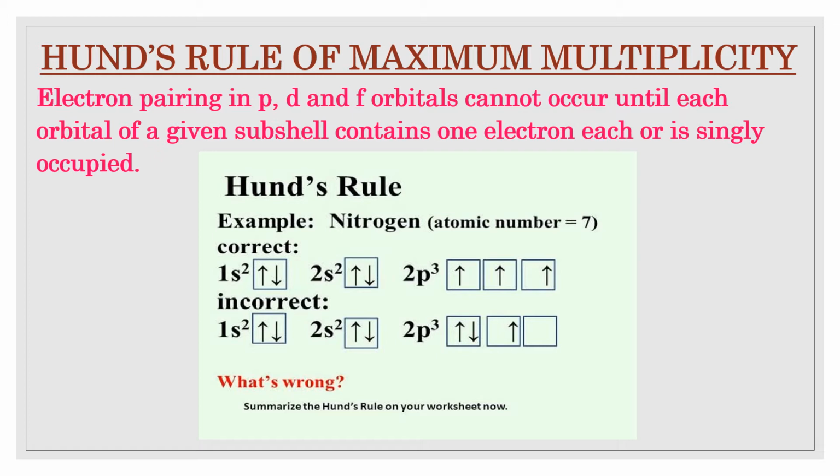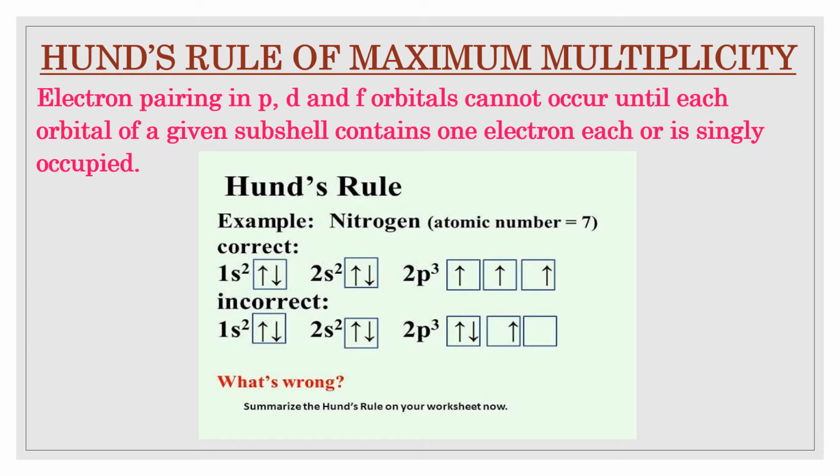Let us consider, for example, the element nitrogen, which contains 7 electrons. Its configuration can be written as follows. In the 1s orbital it has 2 electrons. You can see over here one arrow is upward and another arrow is downward.